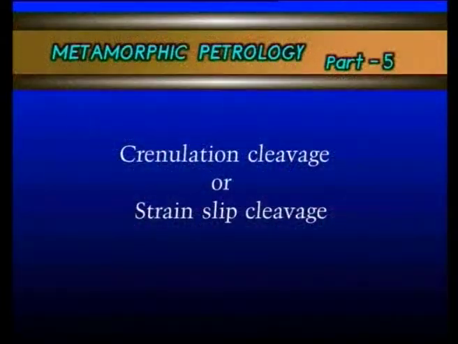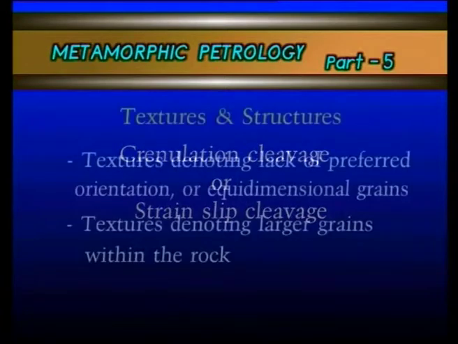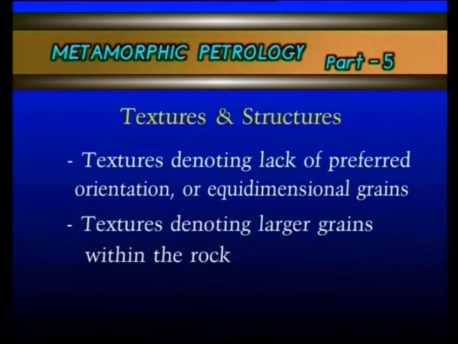Crenulation of a schistosity or other cross lamination forms a new planar feature or a cleavage in the rock, sometimes called strain-slip cleavage. The third important type of structures is by grain size and orientations.